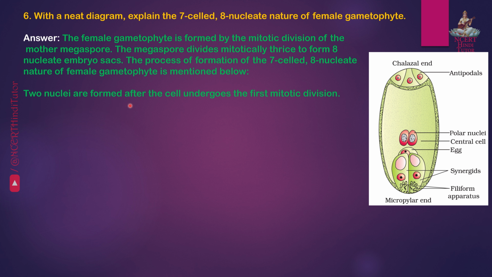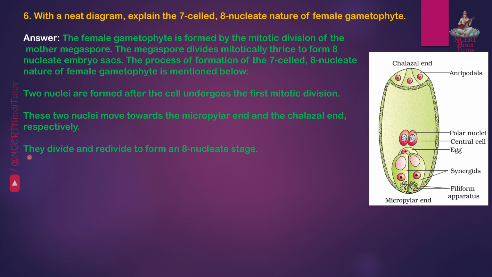2 nuclei are formed after the cell undergoes the first mitotic division. These 2 nuclei move towards the micropylar end and the chalazal end respectively. They divide and redivide to form an 8-nucleate stage. Consequently, there are 4 nuclei on either end.